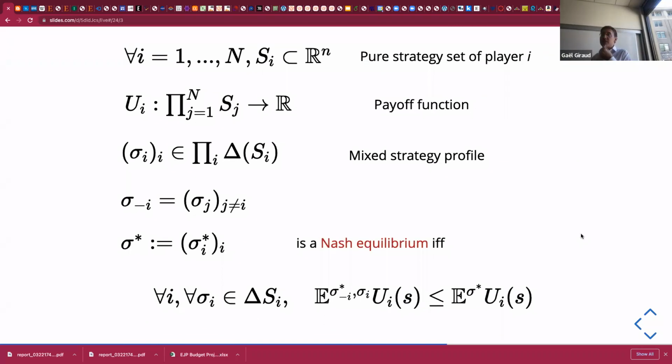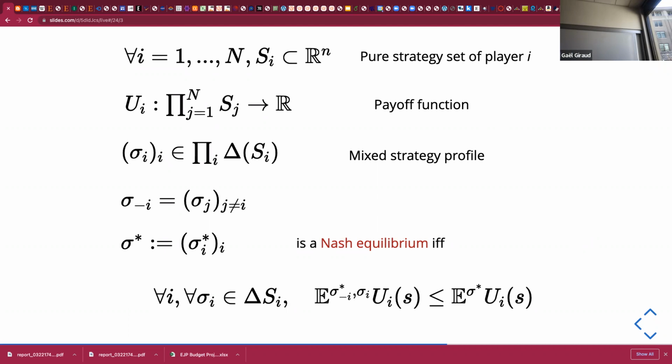Now, a little bit of notation. You suppose that you have a finite number of players, I. Each player has a set of pure strategies, pure meaning deterministic strategies, Si, which for simplicity you assume is a subset of R^n. Then each player I has a payoff function, which maps the product of the strategies into R, the reals, and then you use mixed strategies.